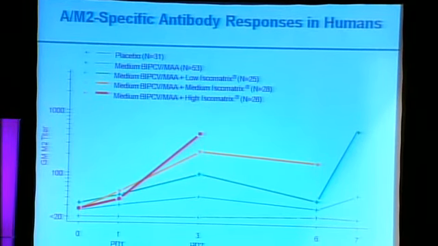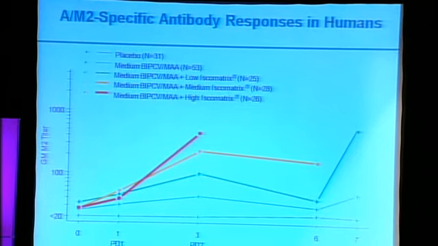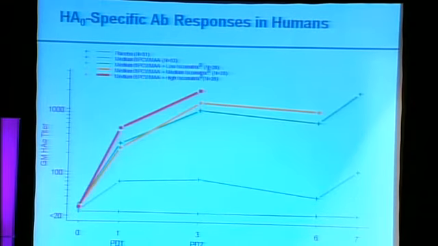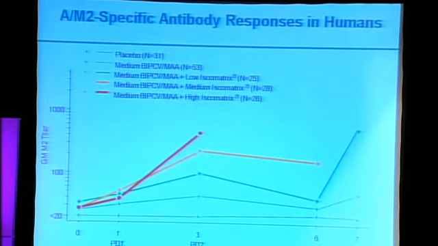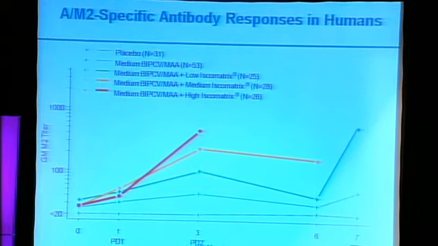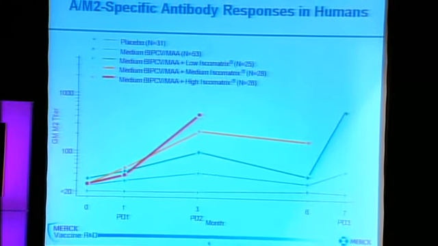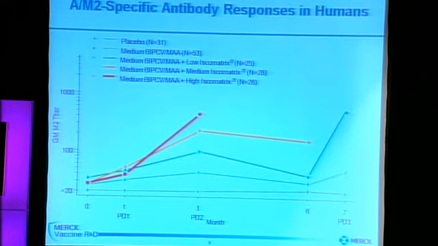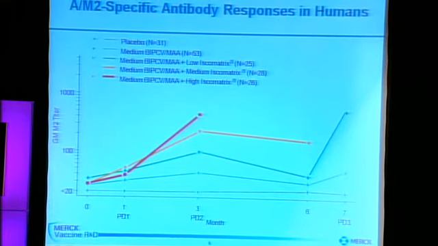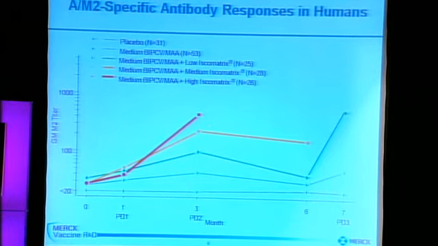This shows the antibody response against the M2 peptide. Formulated with alum alone, it actually induces very low titers. When you add ISCOMATRIX, the titer is significantly enhanced. It appears that different adjuvant levels give you different levels of responses.